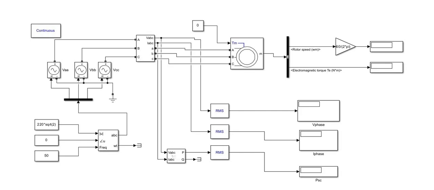So we're going to develop a simulation model of the 3-phase induction motor, and then set the frequency to 50 Hz and the Vmax to 220 volts, and then run the model.